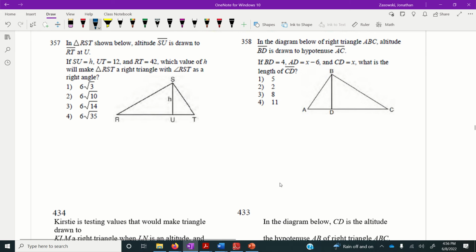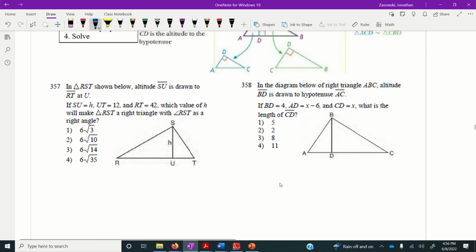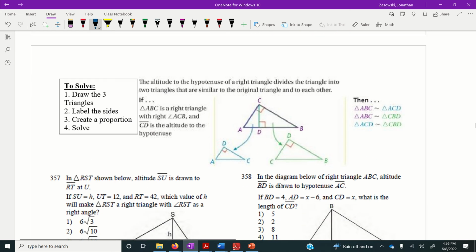All right, 357. We did this one in class, but we'll go over it again. So anytime we have a right triangle, okay, and we draw the altitude to the hypotenuse, this is how you're going to recognize that you're doing these questions, this statement. What happens is we're taking a right triangle that's already there, and we're creating two new right triangles that are both similar to the original.